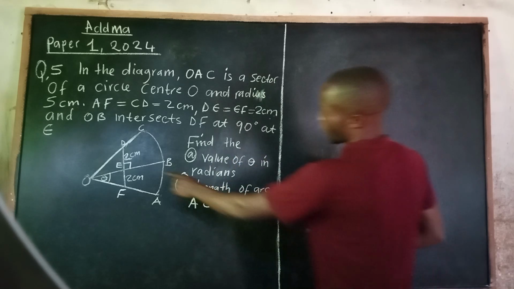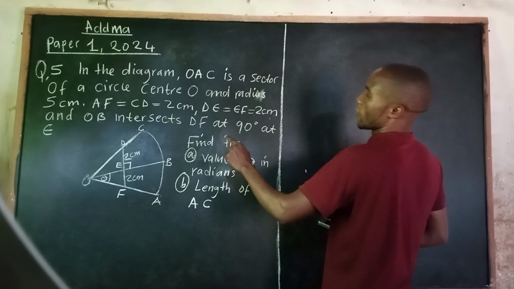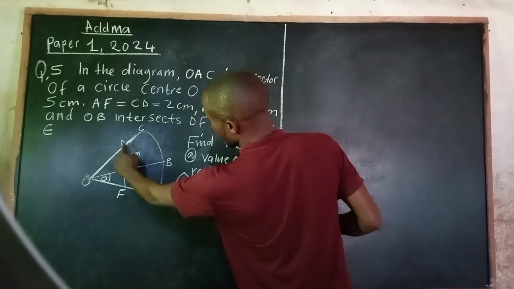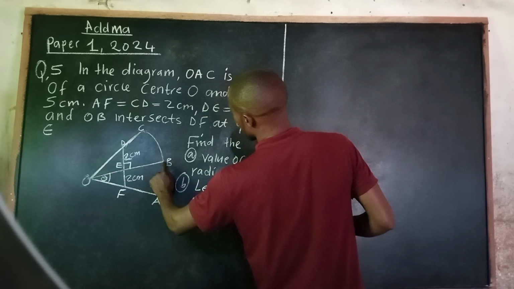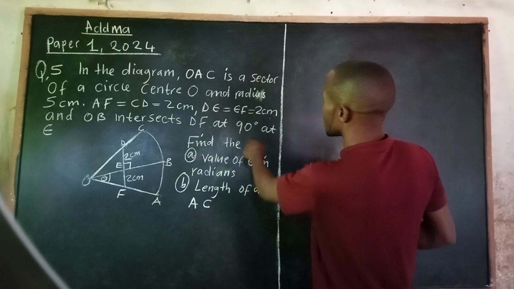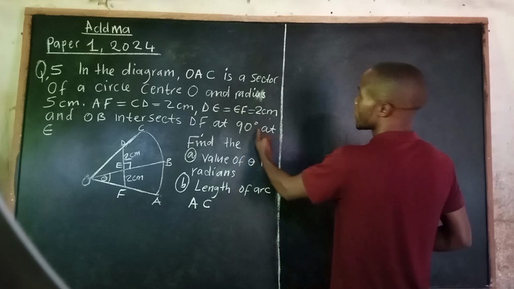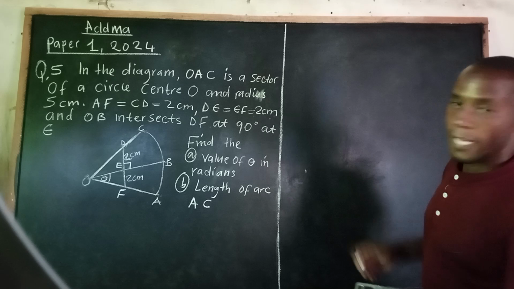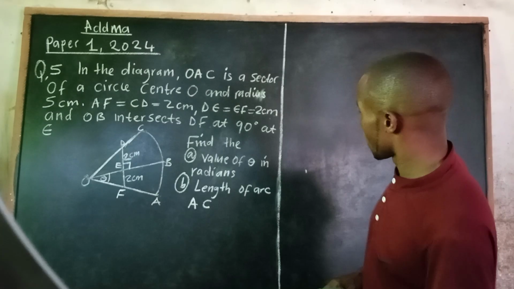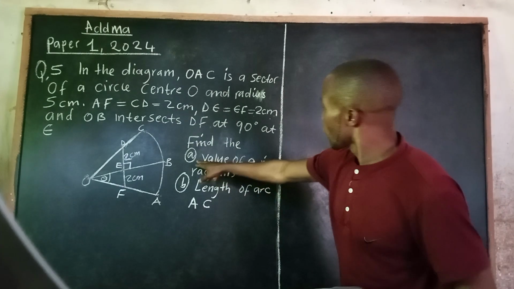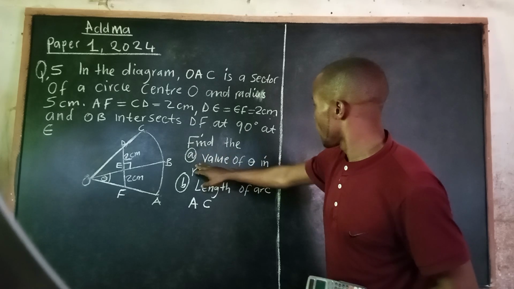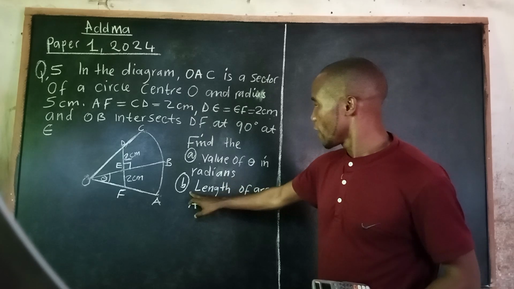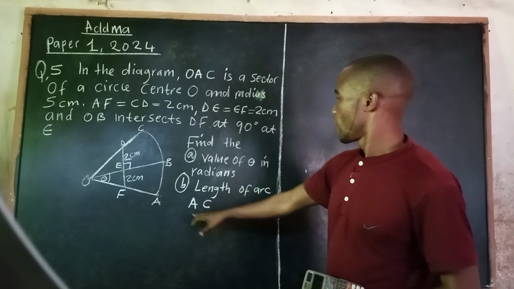And OB intersects DF at 90 degrees, which is this one, 90 degrees at E. This is point A. Okay, so let us see how the question was phrased. Find (a) the value of theta in radians, (b) the length of arc AC.